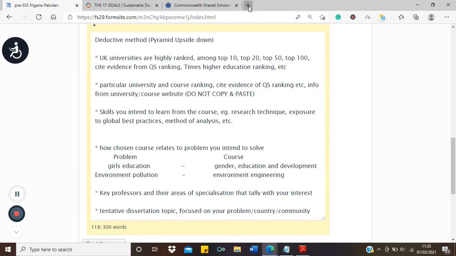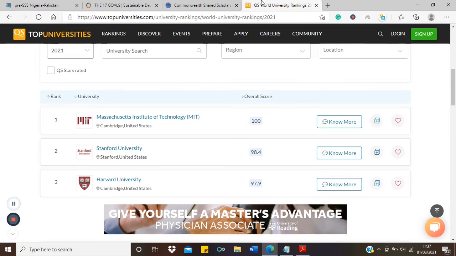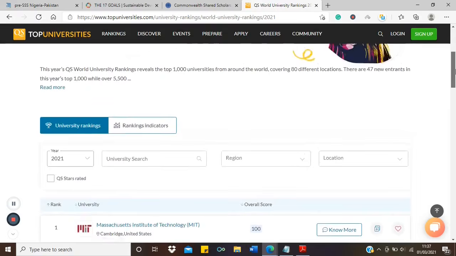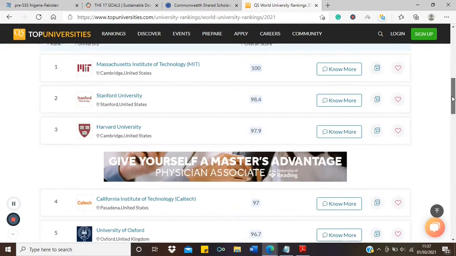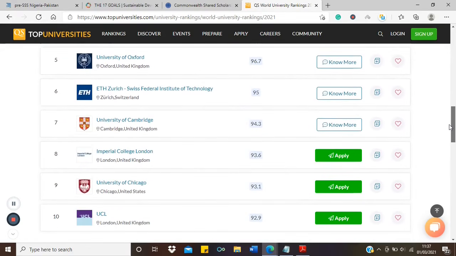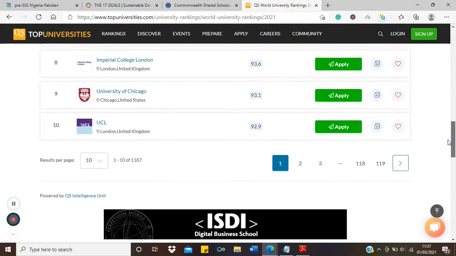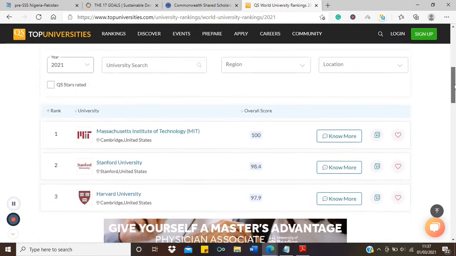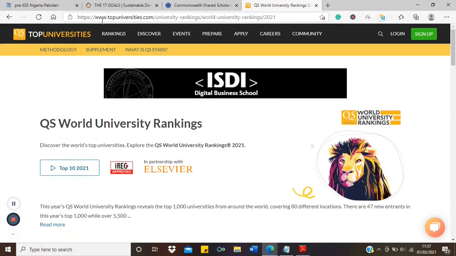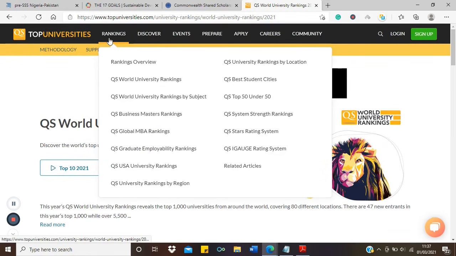So this is the QS ranking I told you about. And this is the rankings of different universities. But you can also get course rankings. These are the different kinds of rankings you could get.